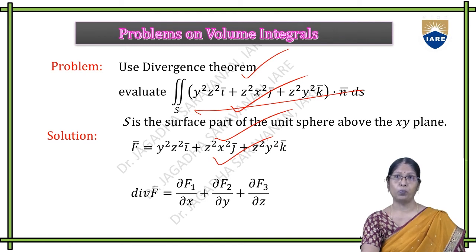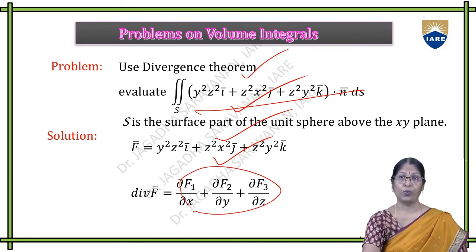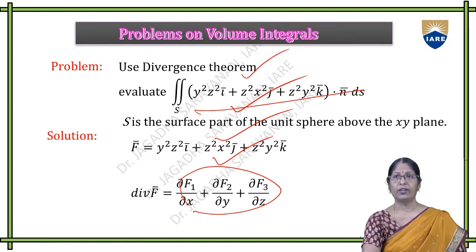So the complete surface integral is equal to our volume integral. Our volume integral is the triple integral over V, the capital V represents our volume, of divergence F dV. The divergence of F is dou F1 by dou x plus dou F2 by dou y plus dou F3 by dou z, and dV in 3 dimensions is dx dy dz.